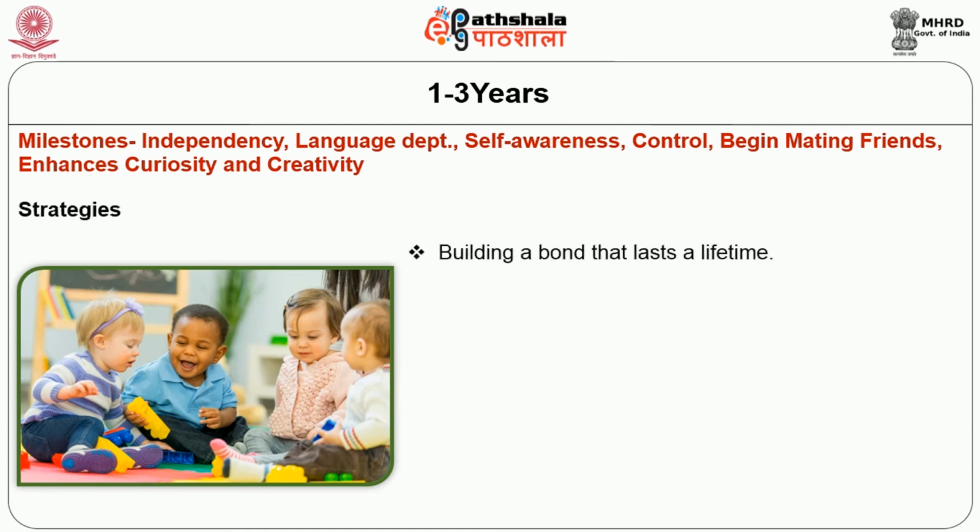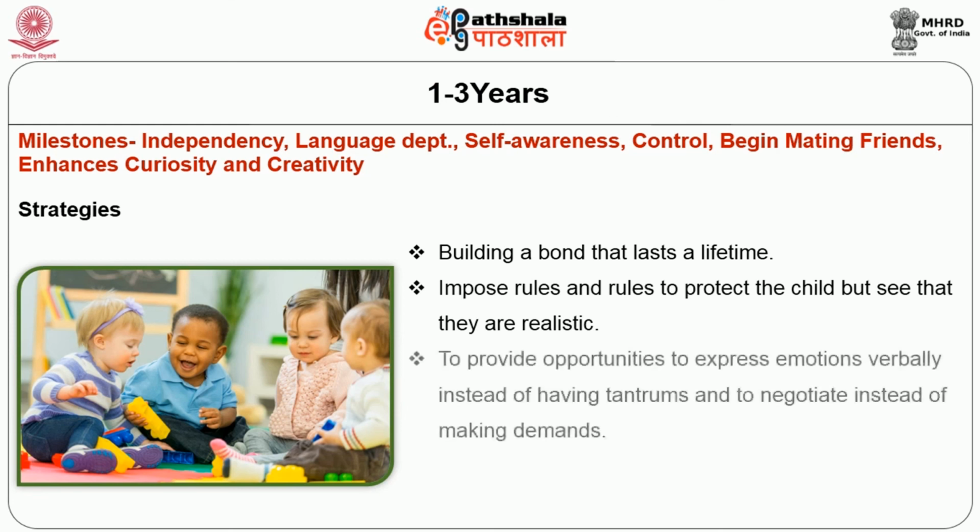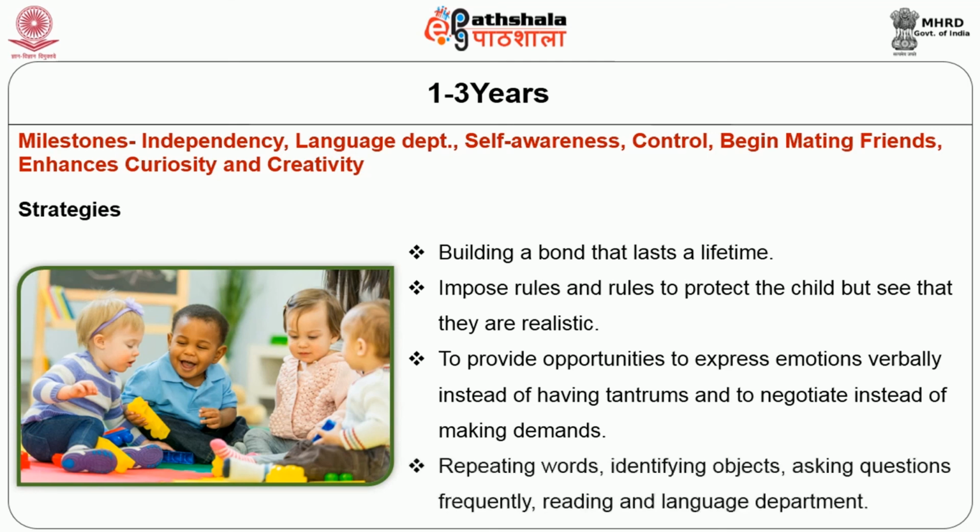The strategies employed are building a bond that lasts a lifetime, imposing rules and regulations to protect the child but seeing that they are realistic, providing opportunities to express emotions verbally instead of having tantrums, and negotiating instead of making demands. Repeated words, identifying objects, asking questions frequently, and reading are other ways of fostering language development.